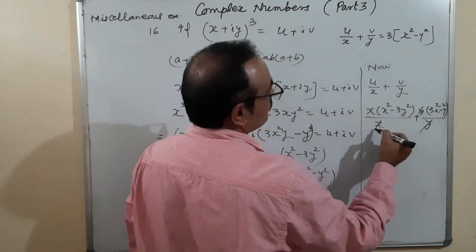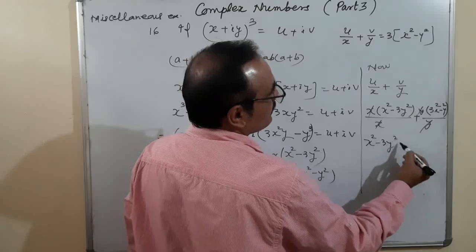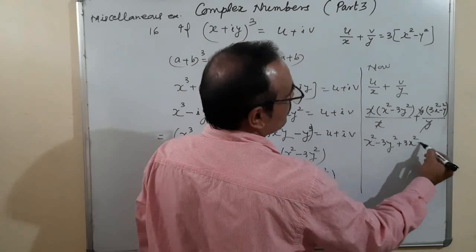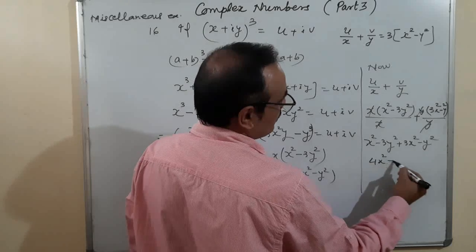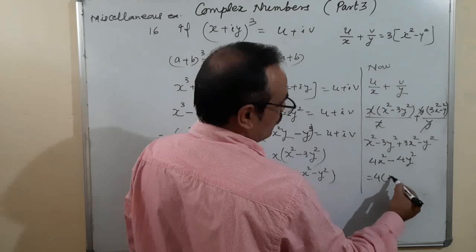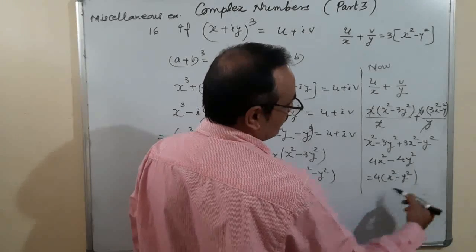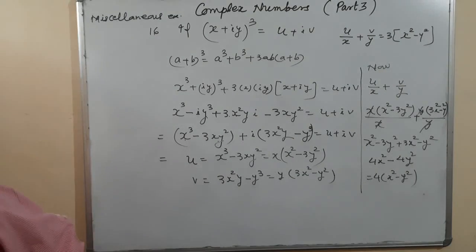One y cancels, one x cancels: x² − 3y² + 3x² − y². x² plus 3x² is 4x², minus 4y². We'll take 4 common. What is left inside the bracket? 4(x² − y²), which is on the right hand side. Is it okay?